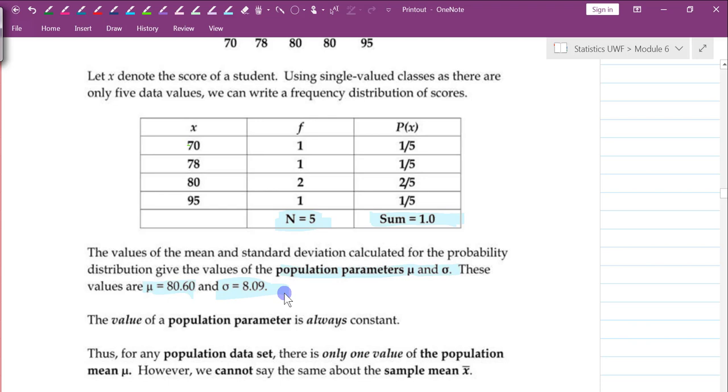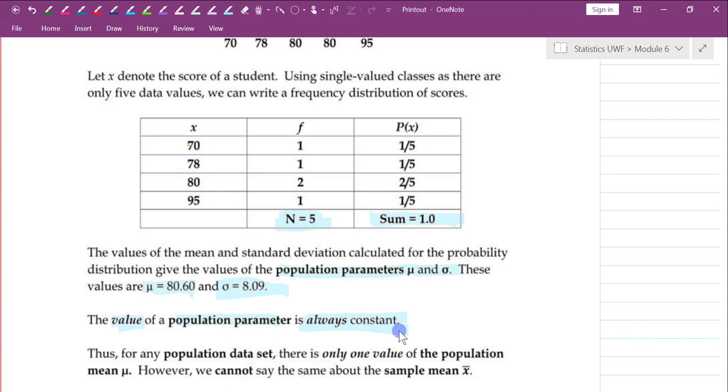The value of the population parameter is always constant. It doesn't change because it represents the entire population. It's every single observation that can possibly occur, and it's the mean of all those possible values being calculated, okay? So it doesn't change.